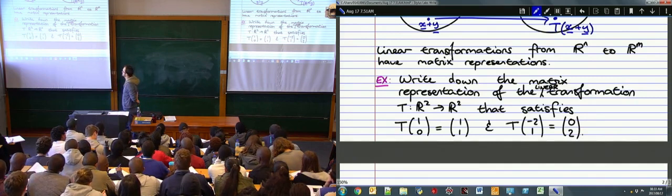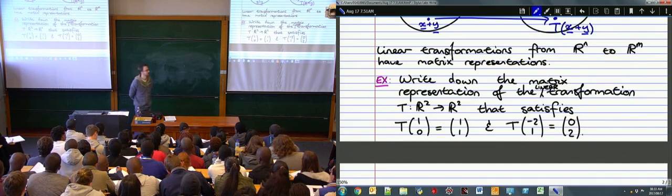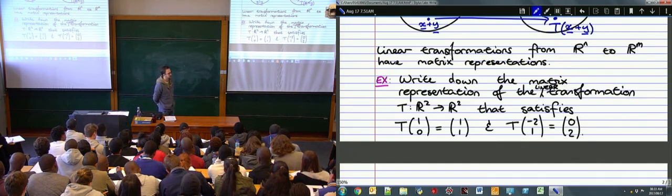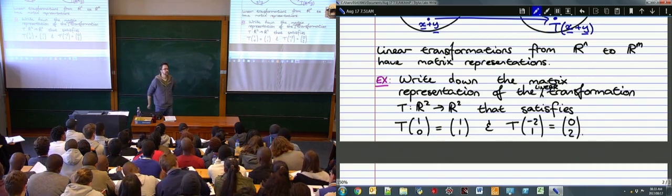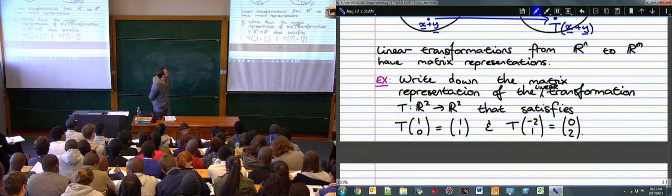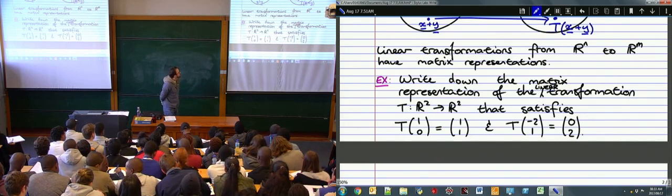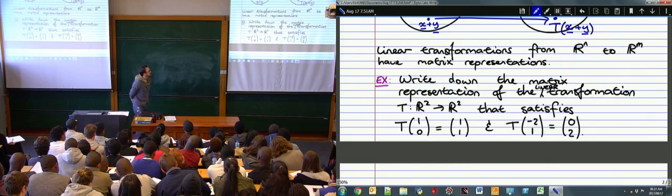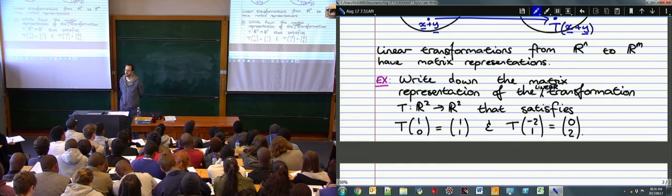They send the vector (1, 0) to (1, 1), and they send the vector (-2, 1) to (0, 2). Is that enough to know how an arbitrary vector (x, y) is transformed by this transformation T?